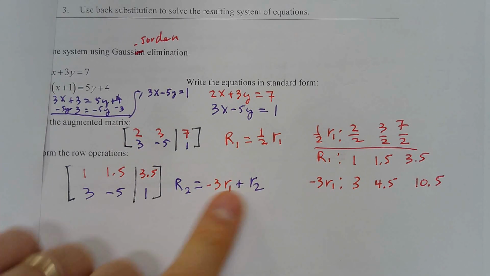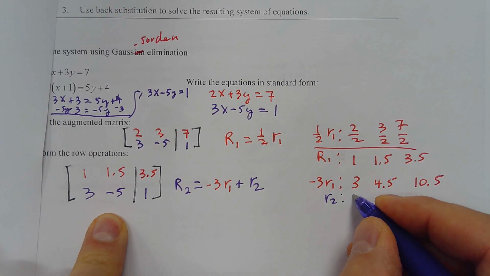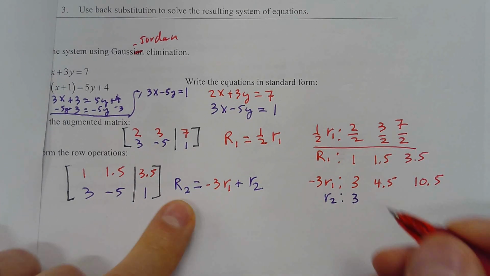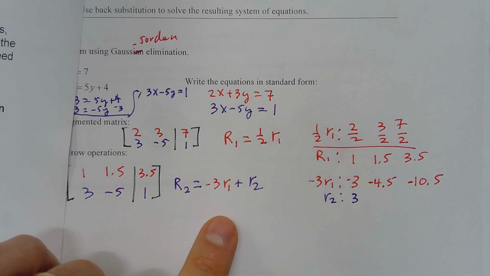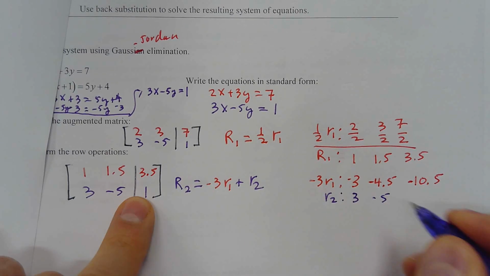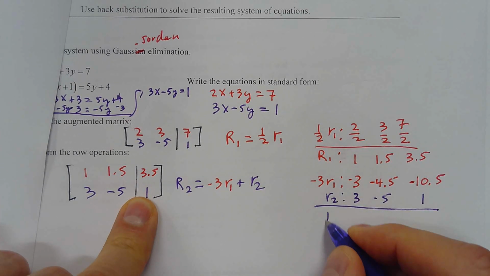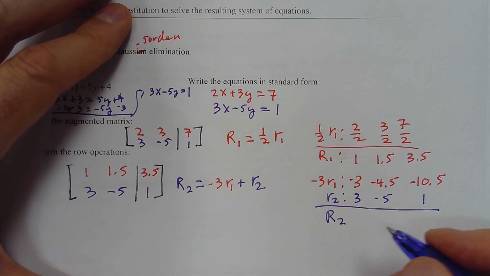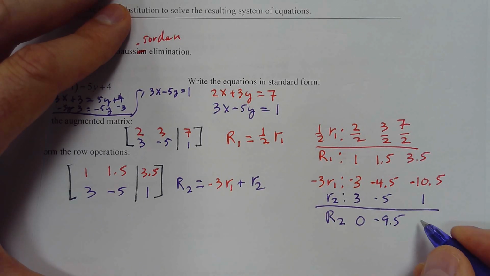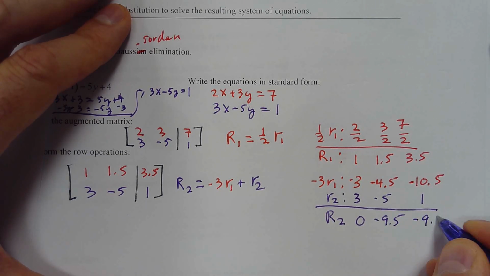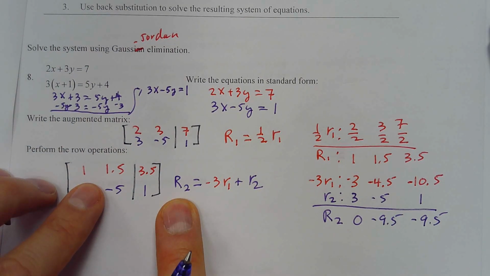And this needs to be negatives because it was a -3, my bad. So I'll copy everything down from row number 2. And when I add this, that gives me 0. That gives me -9.5. And that gives me -9.5. Now remember, row 1 is staying the same.